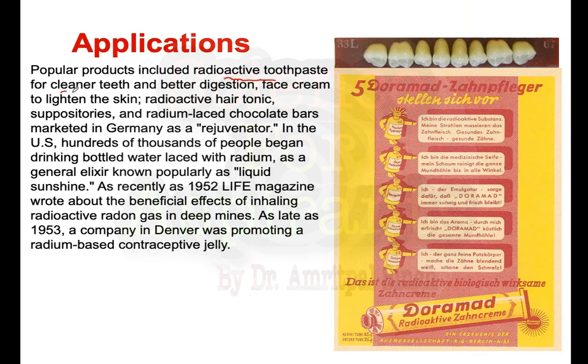People started using it for cleaning teeth and for better digestion. They used face cream to lighten their skin, and someone used radioactive hair tonic. Some people tried to eat radium-laced chocolate bars, believing these chocolates rejuvenated them, enhanced their blood pressure, and made them feel quite good.